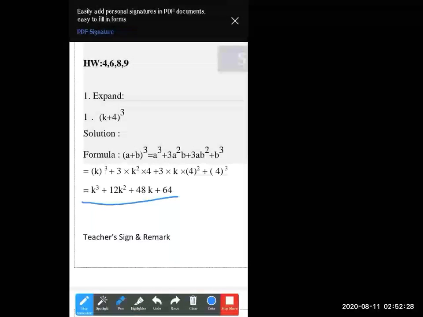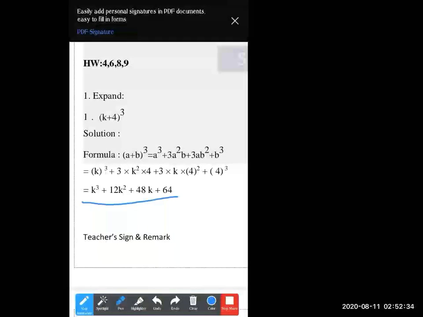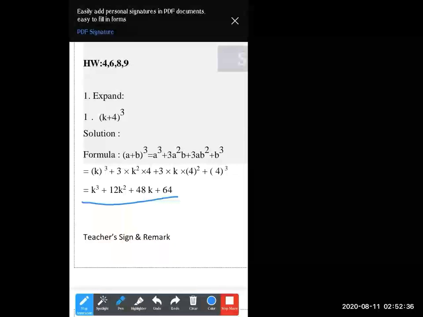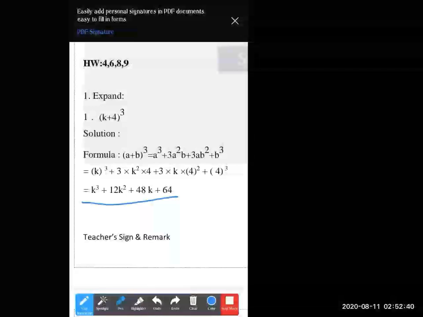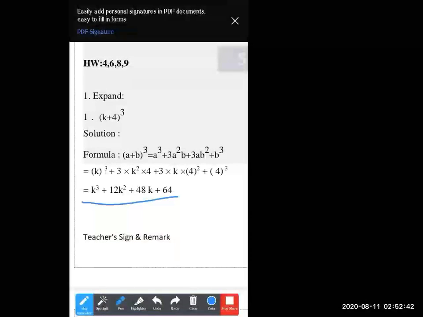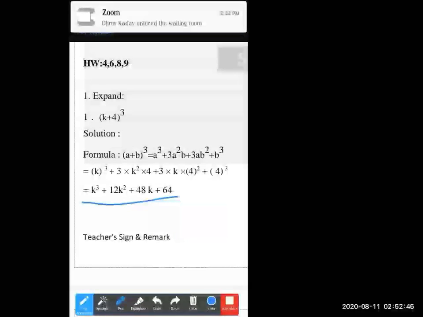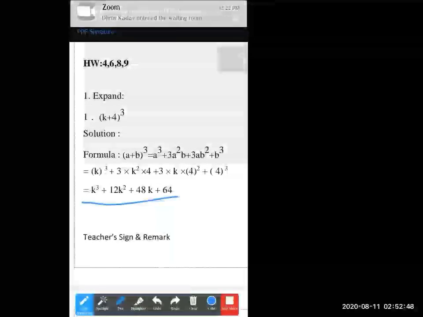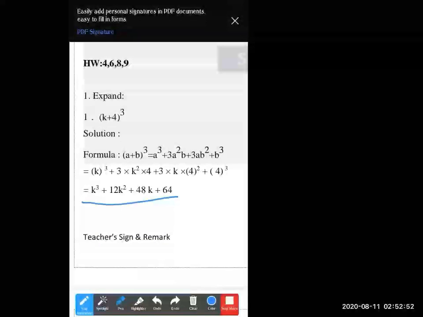The first term, that was k plus 4 the whole cube, is equal to, we will write first the formula values, and after putting the values we will get the final answer of that term, that is k cube plus 12k square plus 48k plus 64. This is the final answer.